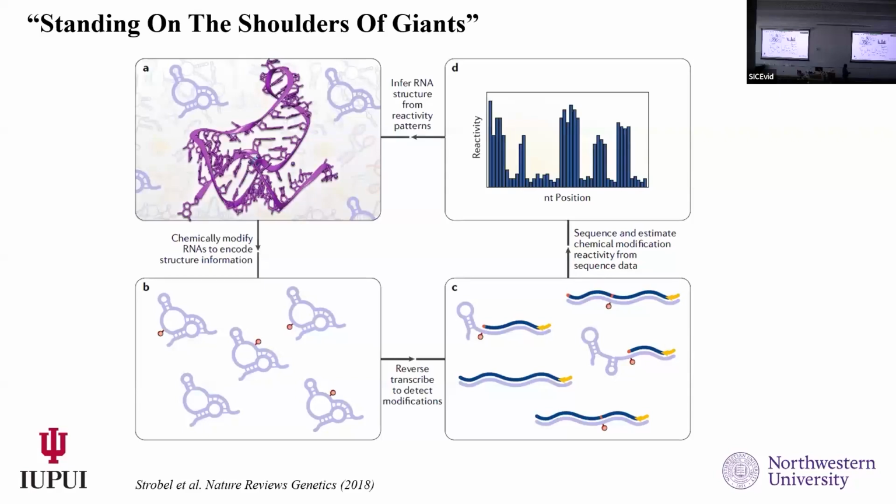In reverse transcription, your enzyme goes from 3' to 5' and gets the cDNA, which is the basis for all RNA sequencing protocols. When it hits this modification, the reverse transcriptase drops off. If the structure is opened up, it will go through, but the main blockage is the modification itself.